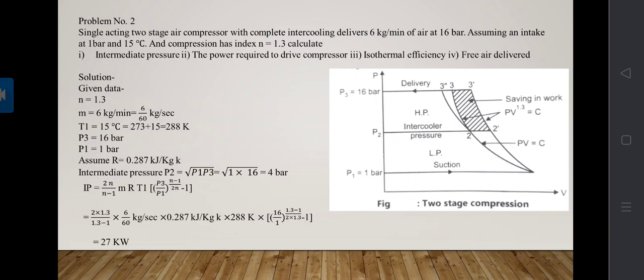Then we are going to calculate the power required to drive the compressor, and for that purpose we calculate indicated power is equal to 2n divided by n minus 1 mRT1 into (P3 divided by P1) raised to (n minus 1) divided by 2n, minus 1. By putting the values of n is equal to 1.3, m, R and T1 values and P3 and P1 values, we got the indicated power is equal to 27 kilowatt.